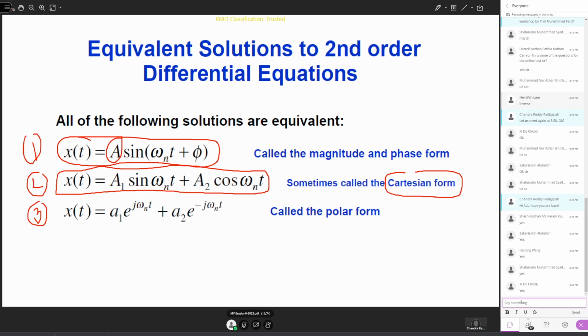So you can also write in a polar form: A1 into exponential power i omega n t plus A2 exponential power minus i omega n t. So A1, A2 will be constants. So we can represent this response of the system in either format. Mathematically, all these equations are the same. And in the beginning of the session, when we had the first session and second session, I touched upon these things.